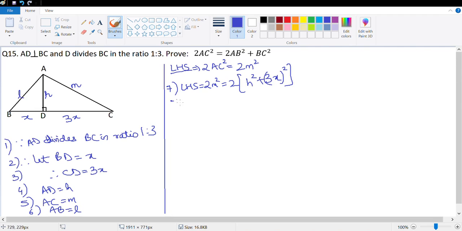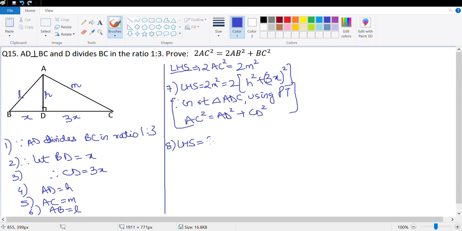Reason, since in right triangle ADC using Pythagoras theorem, we get AC square is equal to AD square plus CD square. So that's the reason for this, which means left hand side is equal to 2 times H square plus 3X whole square, that's 9X square. Yes, that's 9X square. So this is equal to 2H square plus 18X square. So that's our left hand side.